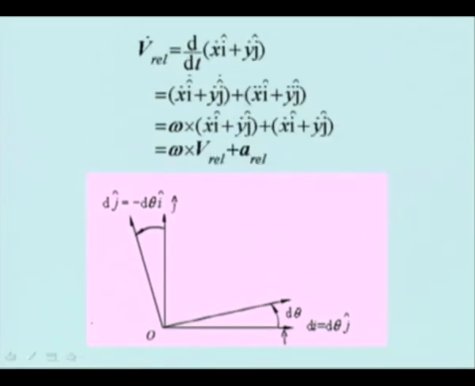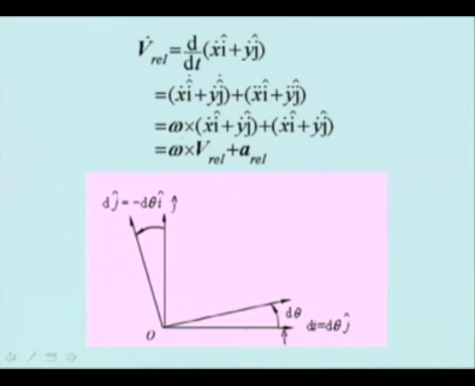Now, V dot rel is basically d by dt of (x dot i plus y dot j), which can be written as x dot i dot plus y dot j dot plus x double dot i plus y double dot j.